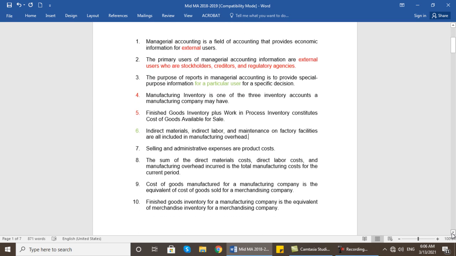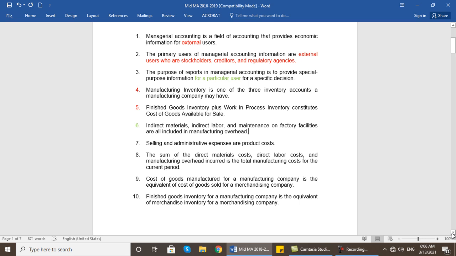Number 7, selling and administrative expenses are product cost.